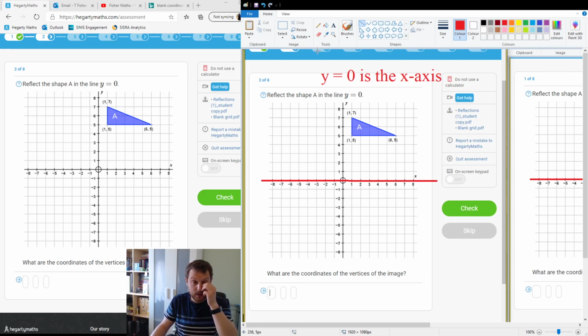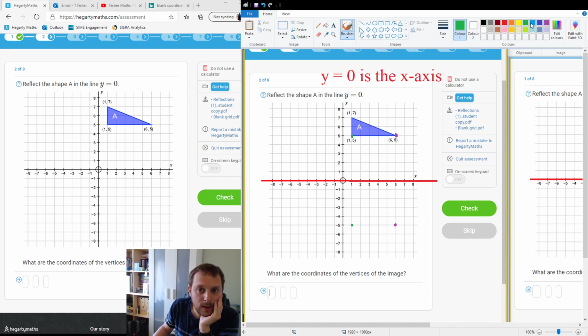And so it's quite a similar idea. Let's do it a bit faster this time. So this one here was 6 along and 5 up, so now it's 6 along and 5 down. Let's have a look at this one. This one's 1 along and 5 up. So now it's 1 along and 5 down.